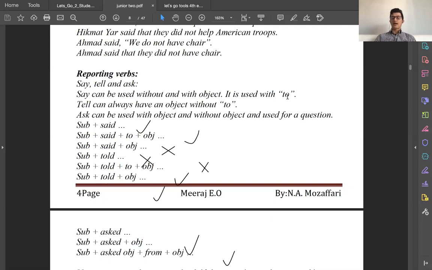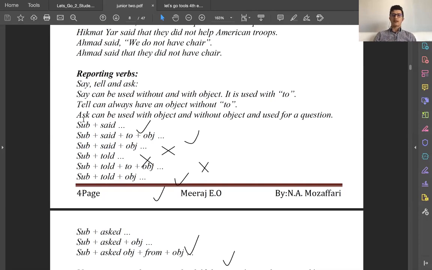And if after say you use an object and you don't use to between say and the object, that is wrong. And tell can always have an object without to. When you use tell, you should always use the object directly after tell. There is no need for using to there.